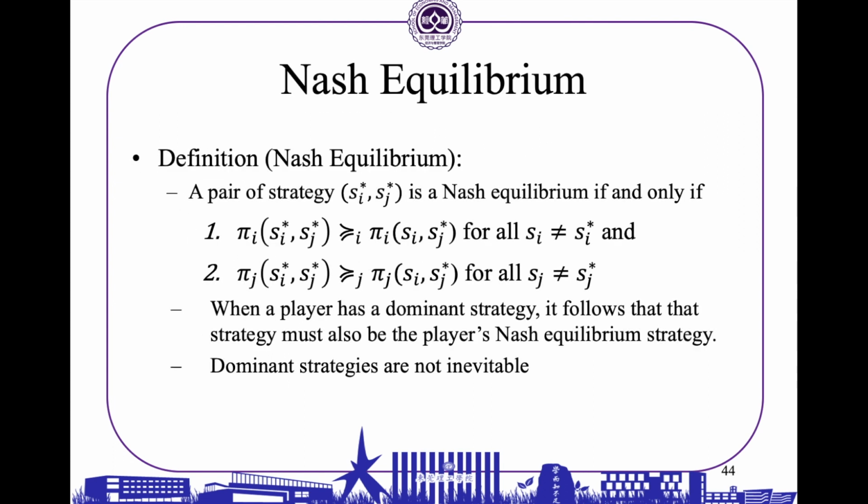Note that when a player has a dominant strategy, it follows that that strategy must also be the player's Nash equilibrium strategy. However, a dominant strategy is not always there. In fact, a game with a dominant strategy is less likely to happen. So, Nash equilibrium is a more important and more common concept for our analysis of firms' behavior.